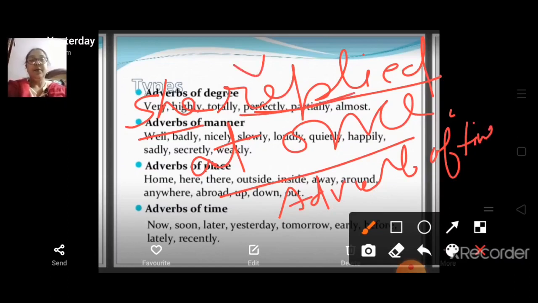This is the verb, and she here is the subject. She replied at once. When did she reply? At once. So this is called an adverb of time because it's showing the time of action. From this adverb of time you can understand when the action is being done.